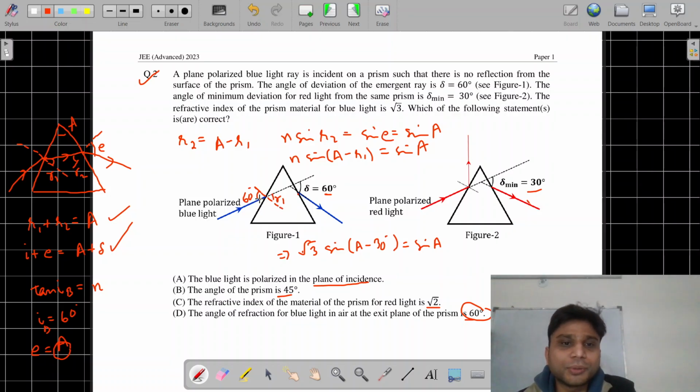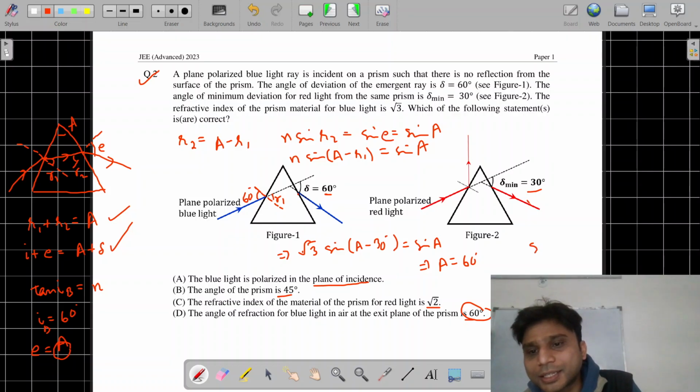So root 3 by 2 is equal to root 3 into sine R1. So sine R1 becomes half. That's why R1 is equal to 30 degree. When we solve this whole thing, we'll get angle of prism A is equal to 60 degree. So that we found. Okay.